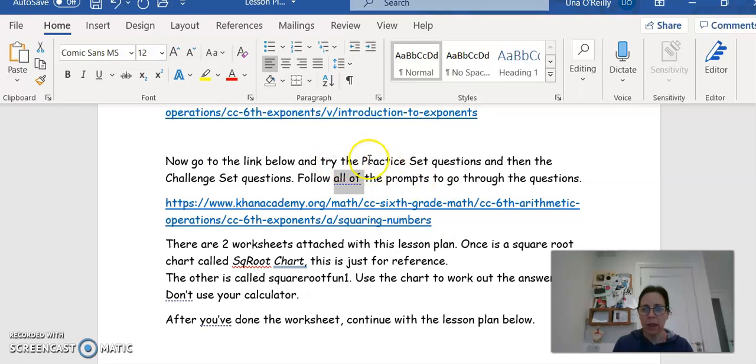It gives you a set of practice set questions and then challenge set questions. Try and do those. Follow all of the prompts and go through the questions. They're not difficult, but it'll get you used to using it. There's only about 6 or 7 questions in each, if that many, so it won't take you too long.